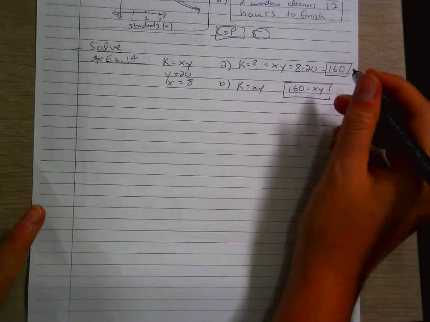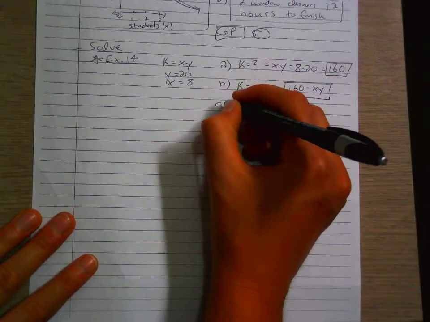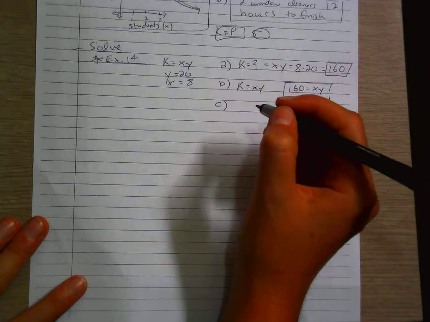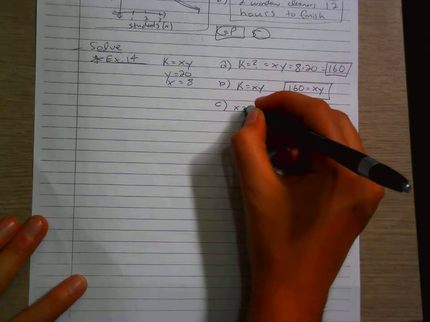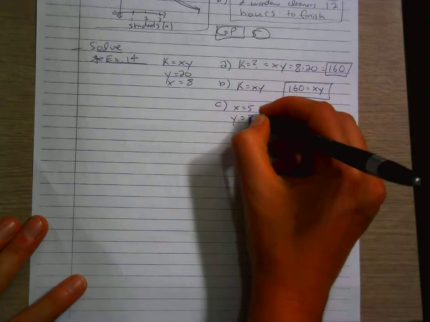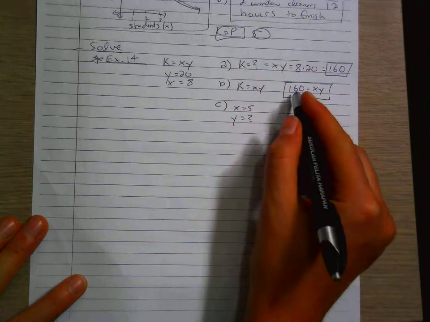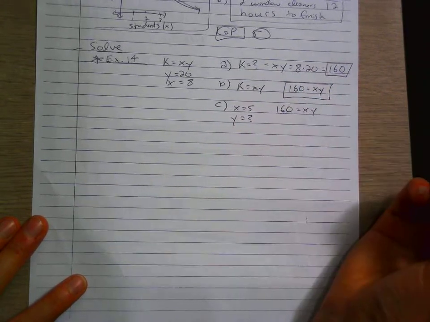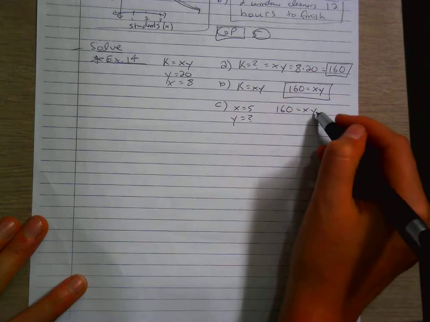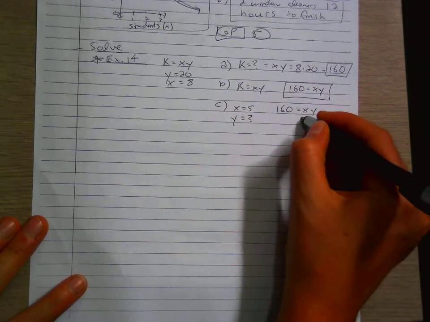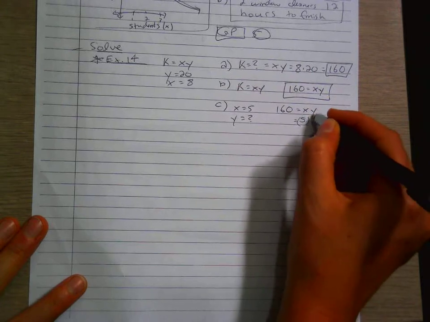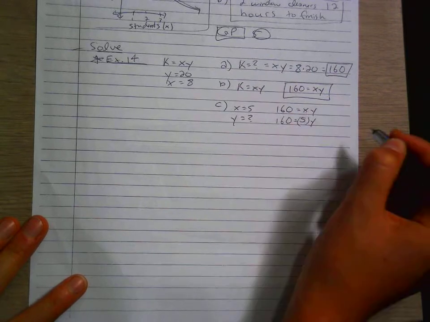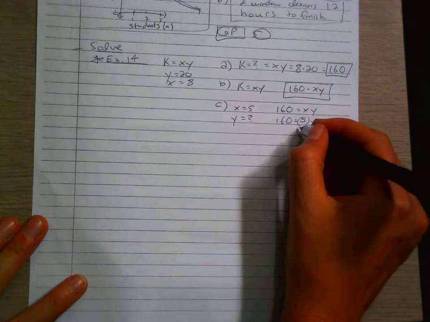Now, C says find the value of y when x equals 5. So x equals 5. Y we don't know. We do know that 160 equals x times y. So we don't know y, but we know x, so we can put x in. So x becomes 5. There's the equation we know. Let's get y alone by dividing both sides by 5.